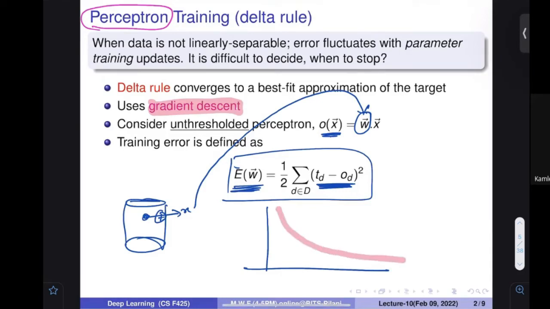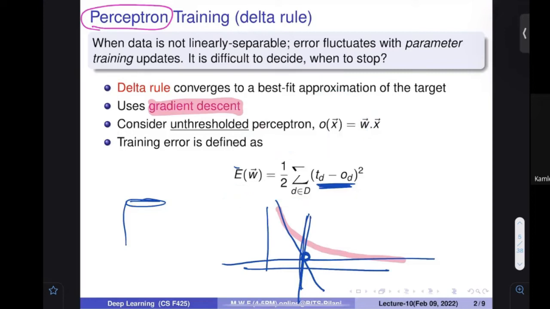Please focus on this. Let's assume that this is how the error is reducing. Initially the error is reducing very fast, but after some time it is not reducing that fast. So you can find a point that you can call the elbow point. You may stop at this moment, because after that not much improvement is going to be achieved, so you can safely stop at this place.